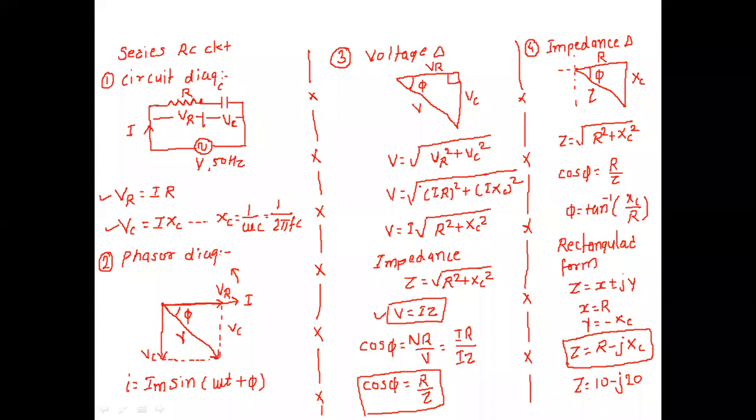Yes, sir. Okay. And then after that, the fifth part, which is nothing but we have to write the formula for power. Before we proceed further, first we have to write the formula for instantaneous power. How can we write the instantaneous power? The instantaneous power P is equal to instantaneous voltage into instantaneous current.